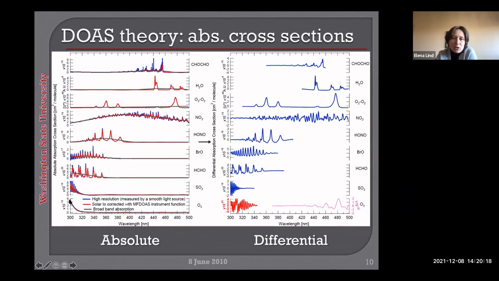Look at ozone: it has pretty high absorption near 300 nanometers, but the differential structure looks like this. If I am fitting in this window, it's a hyperspectral fitting, meaning I'm fitting multiple wavelengths at the same time. Imagine I'm taking 300 to 360 nanometers, and in theory I should be able to retrieve all those gases because they have different structure.